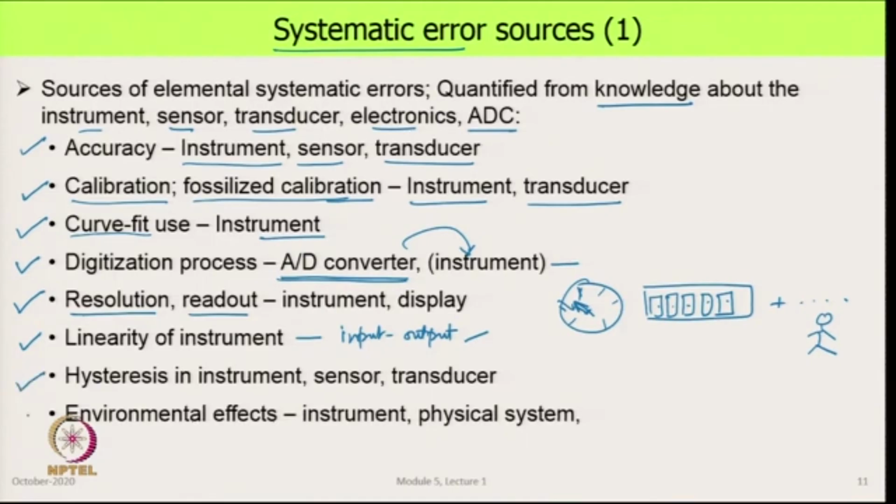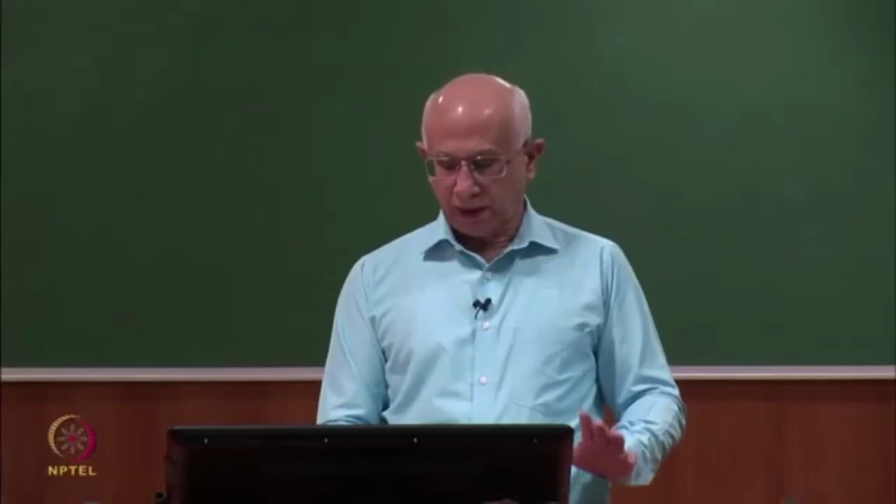The next source of error is hysteresis. Hysteresis is what you have learnt in school, magnetic hysteresis. It also happens when materials are stressed and strained. The same phenomenon is the one on which many sensors and transducers are based.